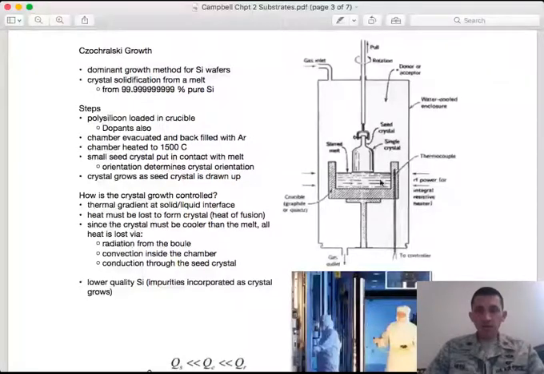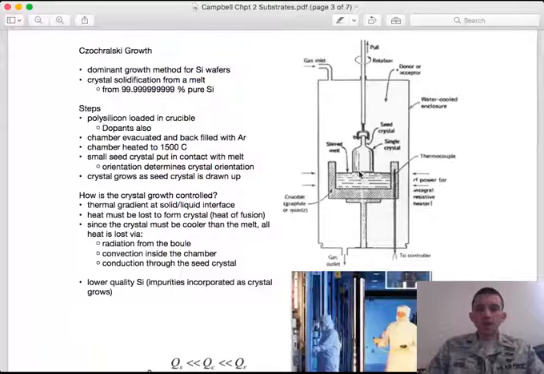Because, remember, homogeneous nucleation requires large degrees of undercooling to create a baby crystal nucleation site that is above the r star value and will grow spontaneously. And the crucible is also kept above the melting temperature. So the only available place for these atoms in the melt to find a place where they can incorporate themselves into a crystal is on the surface of this seed.